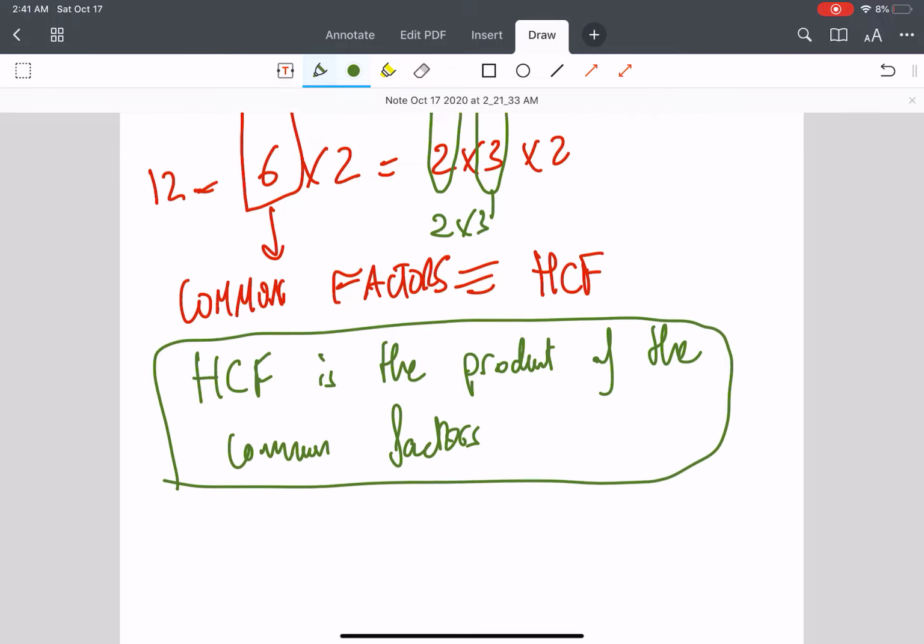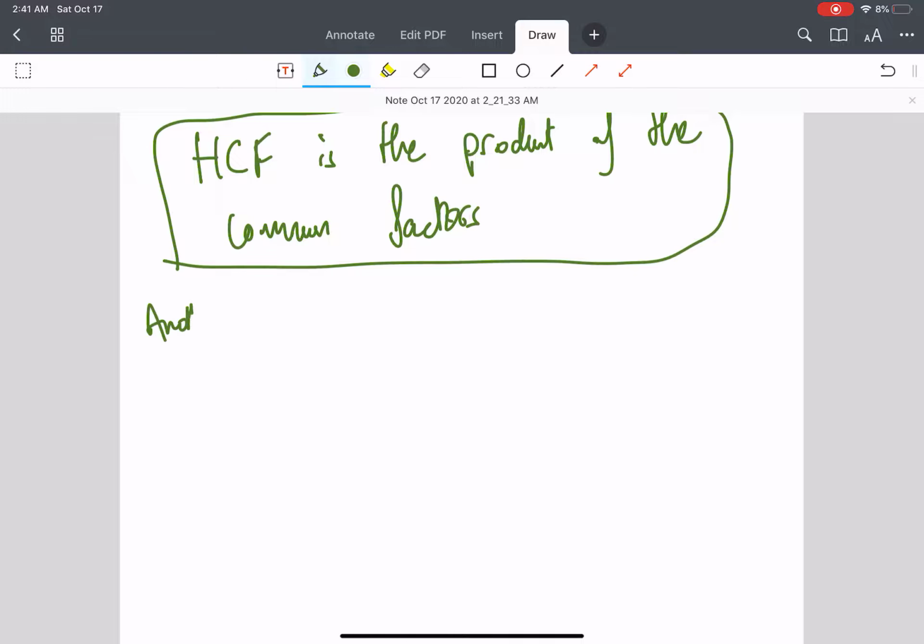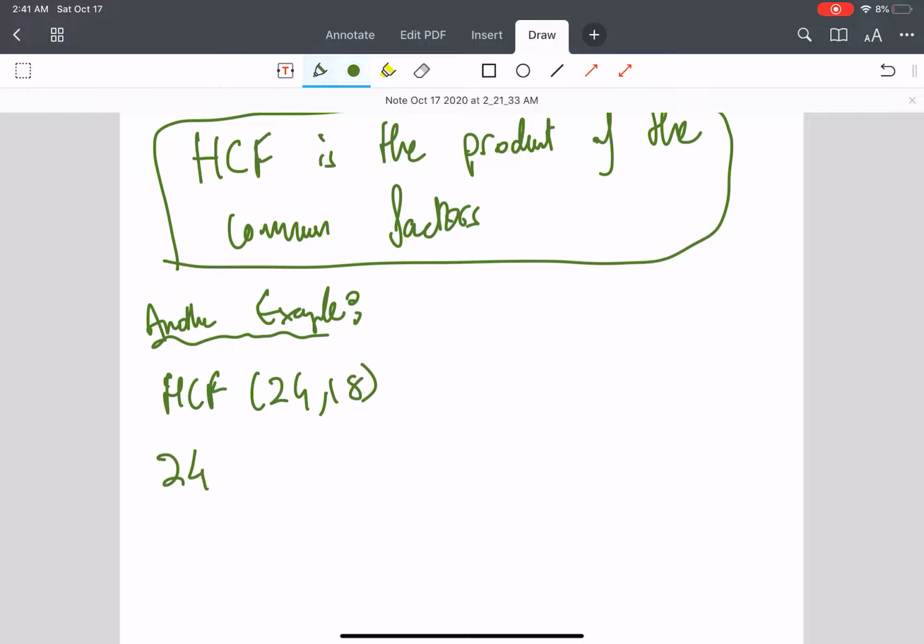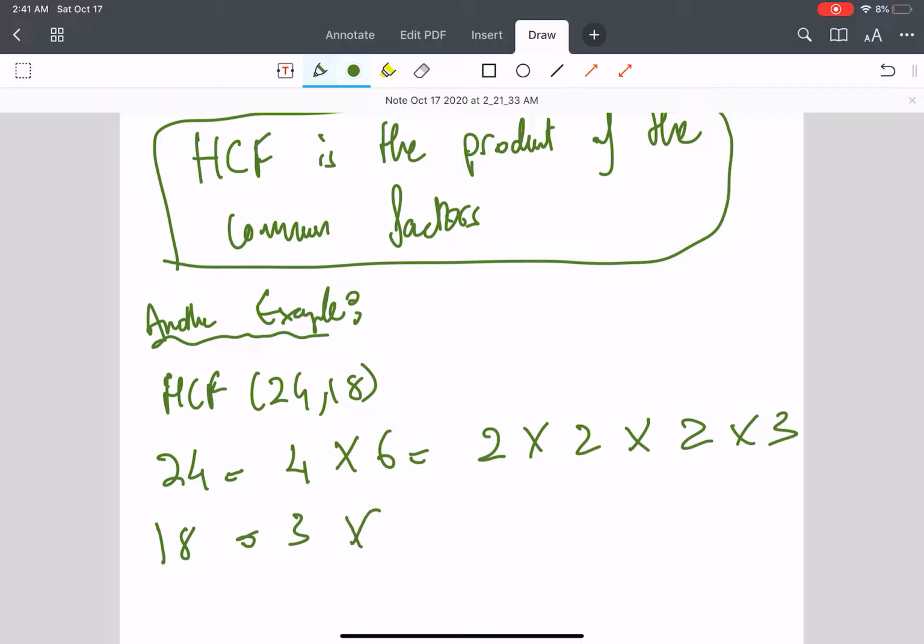Okay, let's take another example. Let's get the HCF of 24 and 18. So 24 is equal to 4 times 6, and 4 is equal to 2 times 2, so 24 is 2 times 2 times 2 times 3, and 18 is equal to 3 times 6.